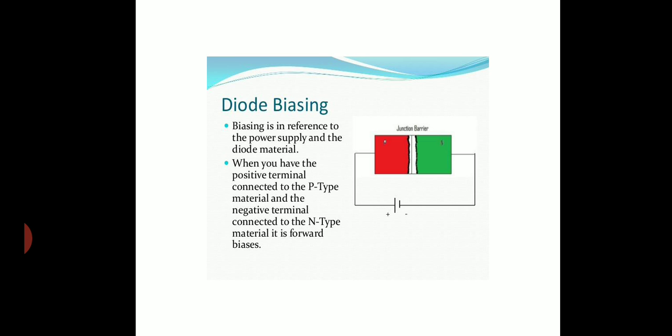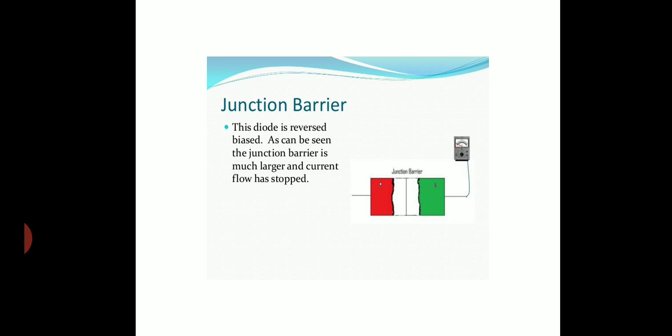Diode biasing. So biasing is giving the power supply to the diode material. When you have the positive terminal connected to the P-type material and the negative terminal of the supply connected to the N-type material, this is the forward bias. Junction barrier.